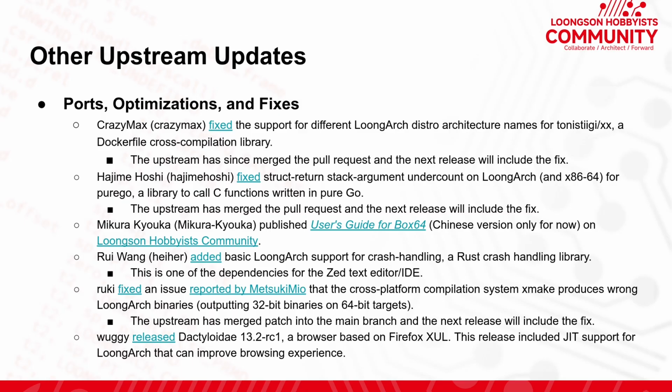Hajime Hoshi fixed the struct return stack arguments on the count on LoongArch and x86-64 as well for Purego, a library to call C functions written in pure Go. The upstream has merged the pull request, and the next release will include the fix also.